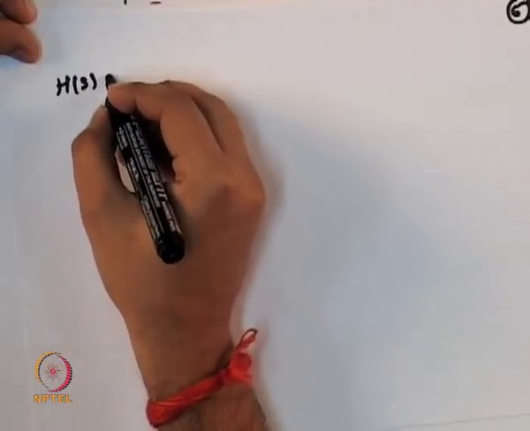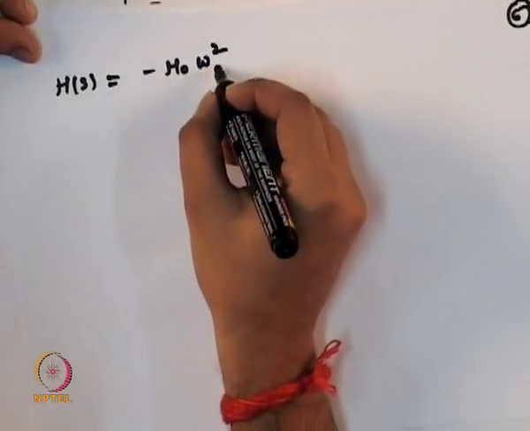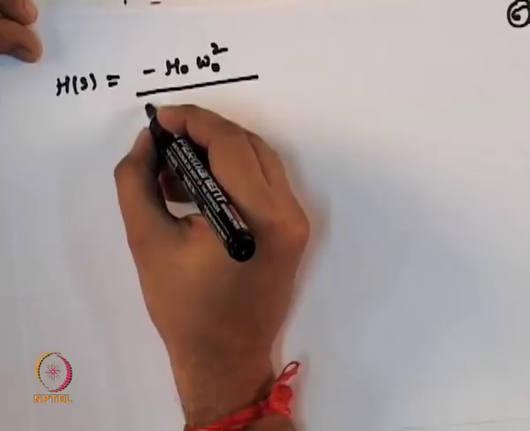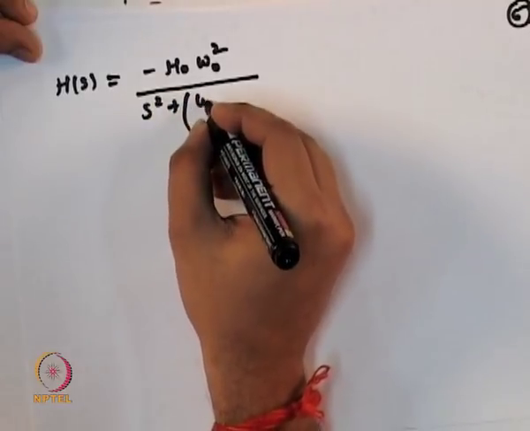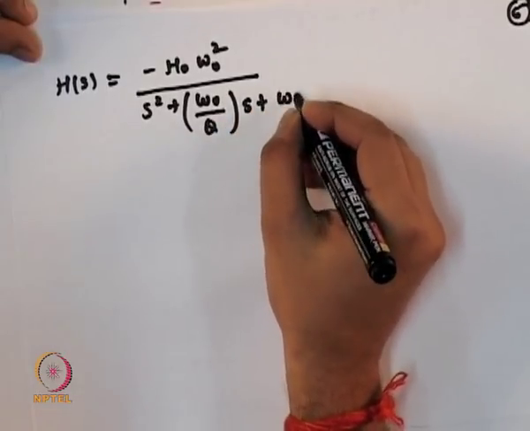In the class we have briefly discussed second order filters, but to solve the problem further I would like to discuss the general transfer function of a second order filter, that is H(s) equals minus H naught omega naught square upon s square plus (omega naught upon Q) s plus omega naught square.